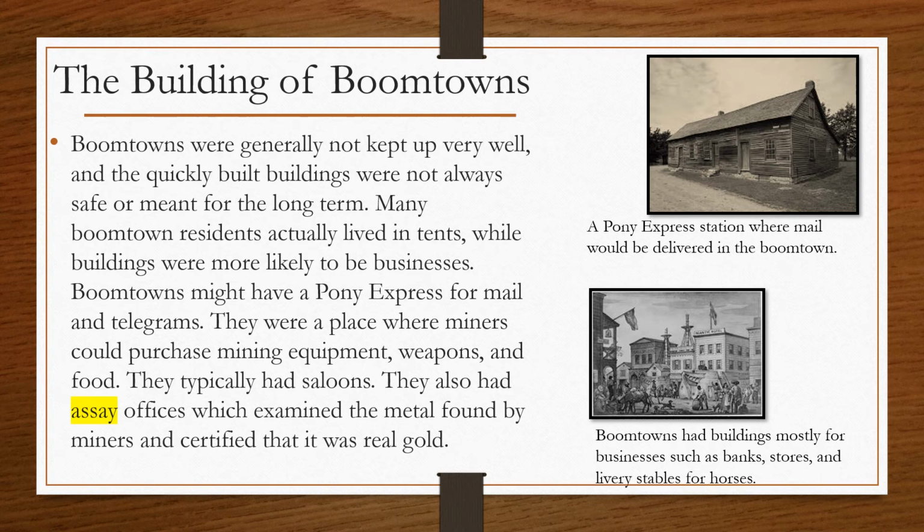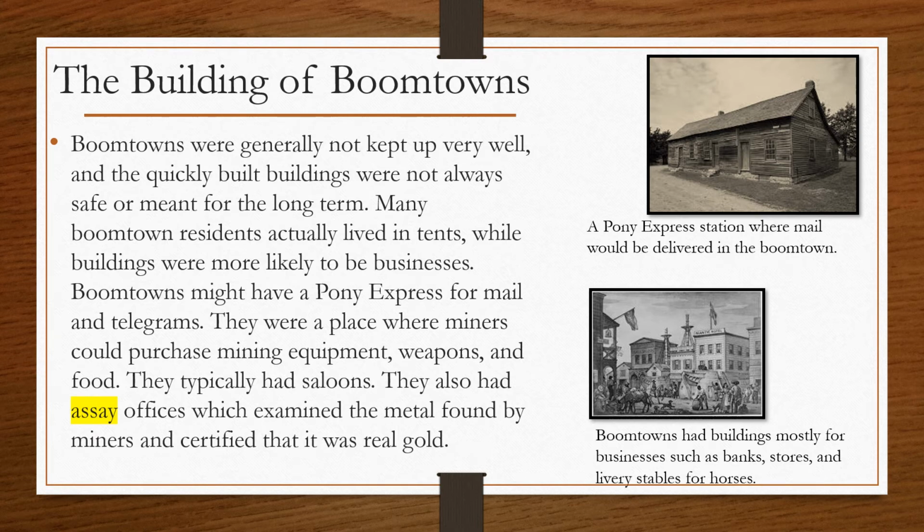So if you think about it, at this point in time, gold is what actually brought boomtowns to California and the West. We needed people to create businesses for the prospectors to buy their materials and goods. They needed to have the Pony Express to get their mail from their family members.